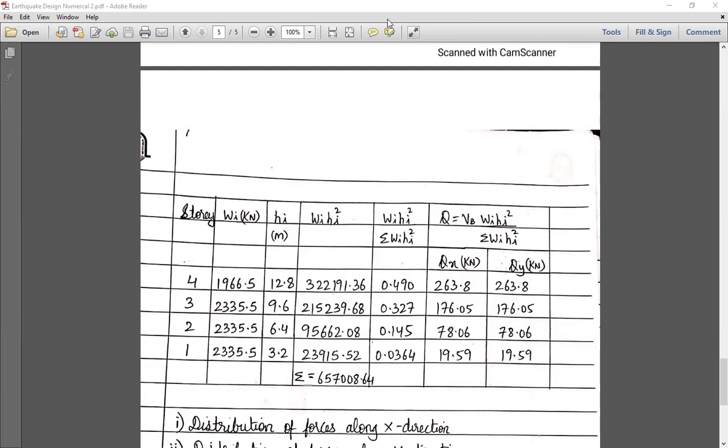Just tell me whether this value is correct or not. How much are you getting? Yes, understood my question.